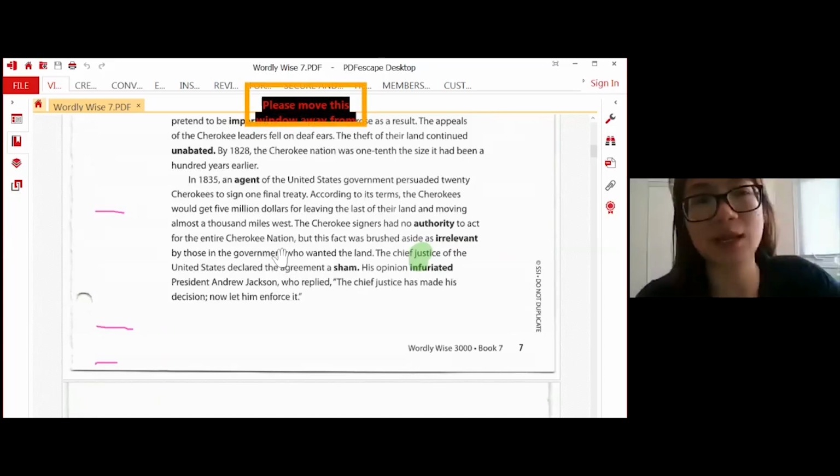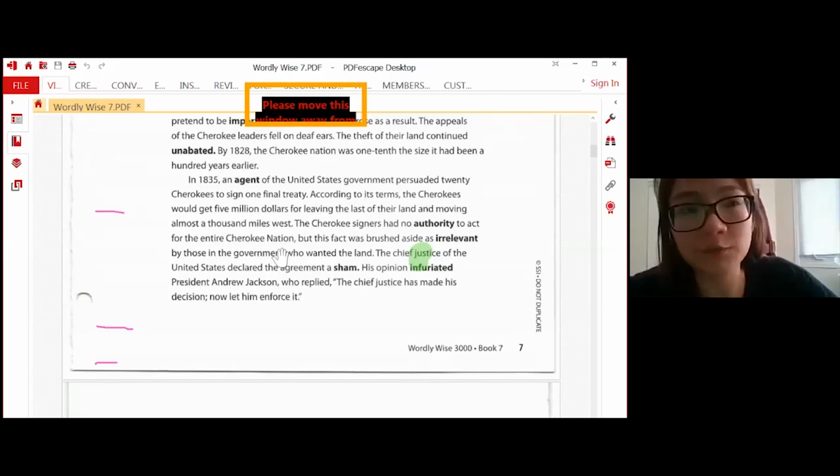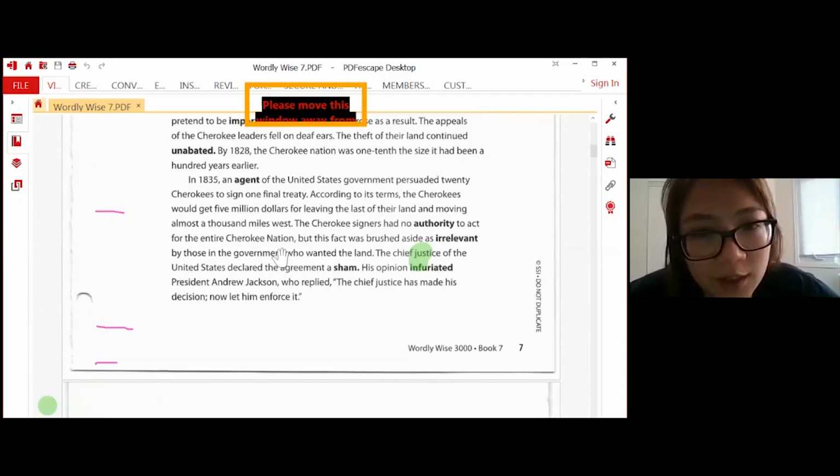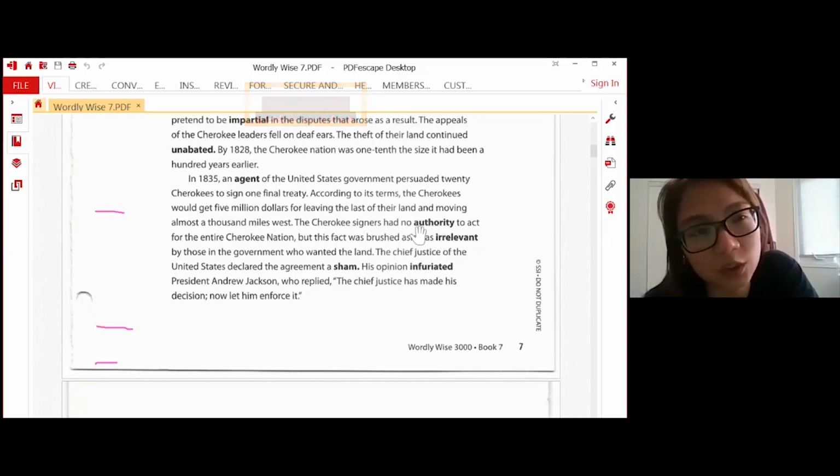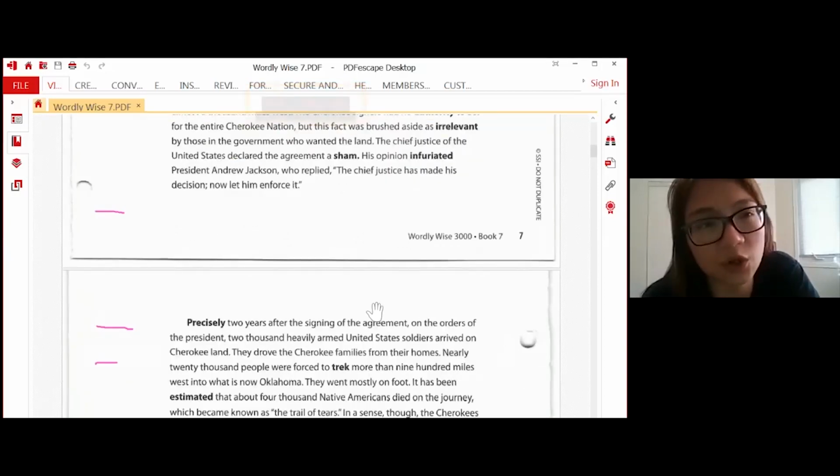It is a sham to scam people of their land. Also, why? Because the people who signed them had no authority to act. So you can't use the word authority. Yes, but they wanted to. So your answer is good.